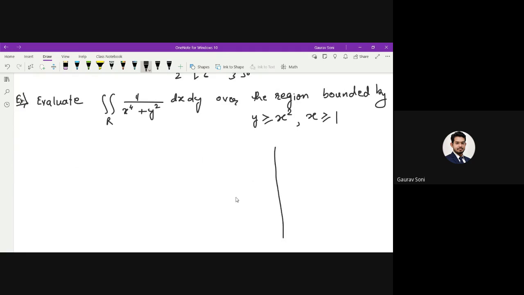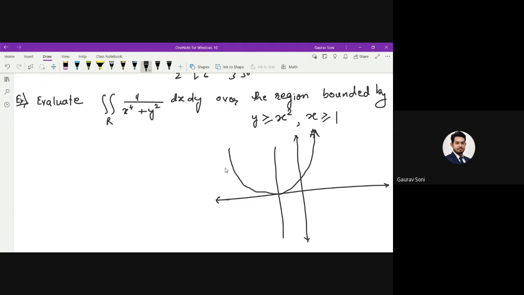Let's draw the diagram. If you consider the equality y equal to x square, we will have the parabola. And x equal to 1 is a straight line. Since it is an inequality, it represents an area.